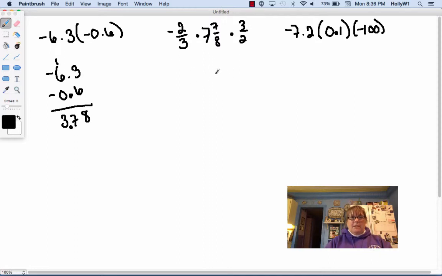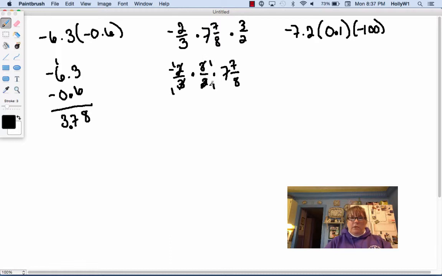All right, let's start with these guys. Let's see if we can move things around to make this a little bit easier. So I'm going to say negative 2/3, and I'm going to move the 3 halves so they're next to each other, because I am going to cross simplify before I start to multiply. So negative 2/3 times 3 halves, I can cross simplify before I even begin to multiply.